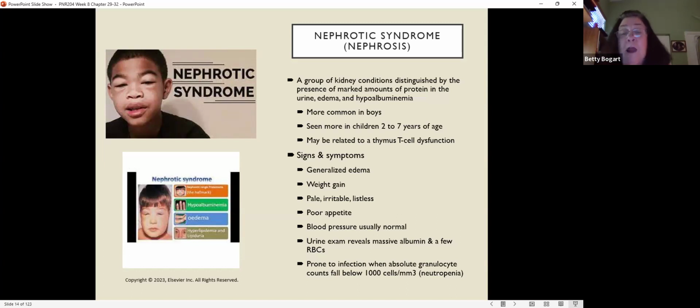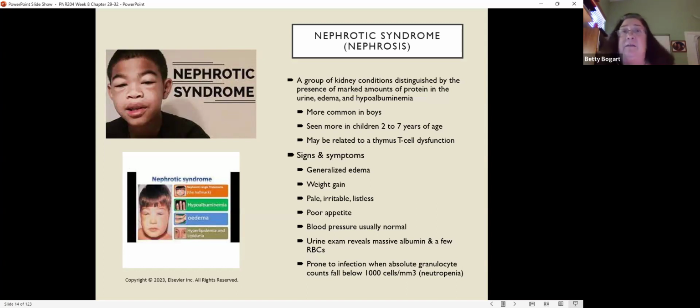Another thing is poor appetite. Their mouths, their gums get all swollen, and then they bite them, and then it's painful, so they stop eating. In the case of nephrotic syndrome, even with this extra swelling and fluid, usually their blood pressure is normal. So, what would you see?